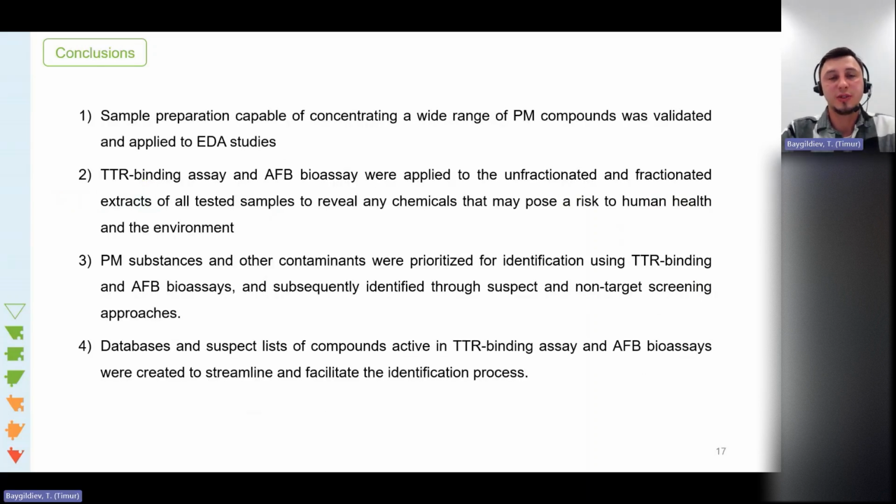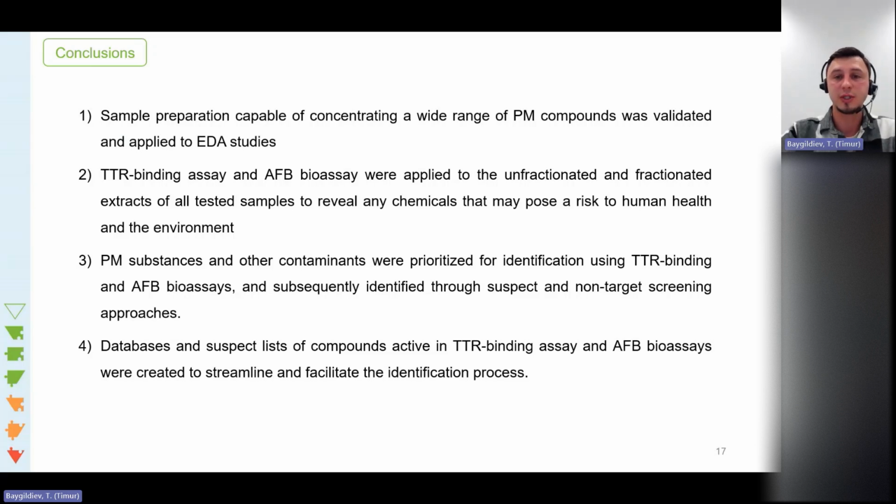With this, I want to finish my presentation and quickly summarize that in our research, we applied sample preparation capable of pre-concentrating a wide range of PM compounds. We applied the TTR binding assay and the Aliivibrio fischeri bioassay to the unfractionated and fractionated extracts of all 10 tested samples to reveal chemicals that may pose risk to human health and the environment.